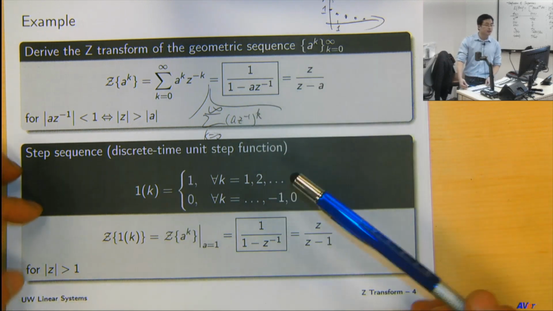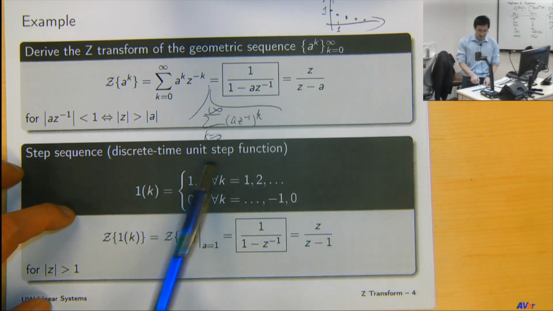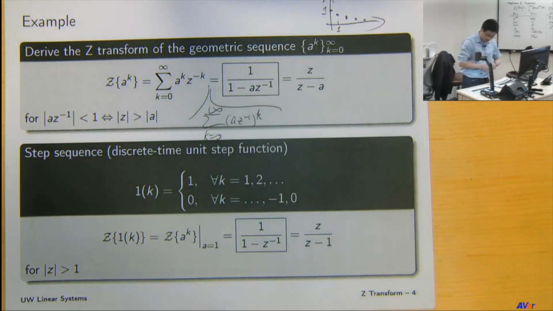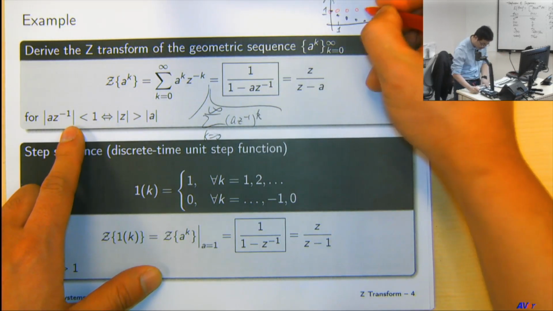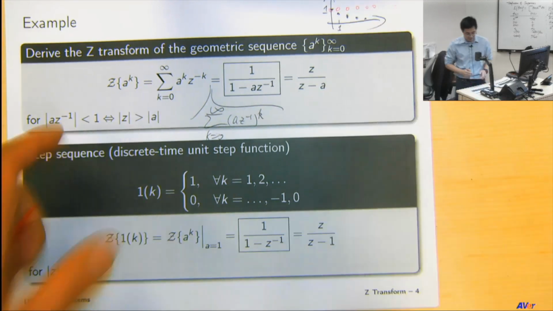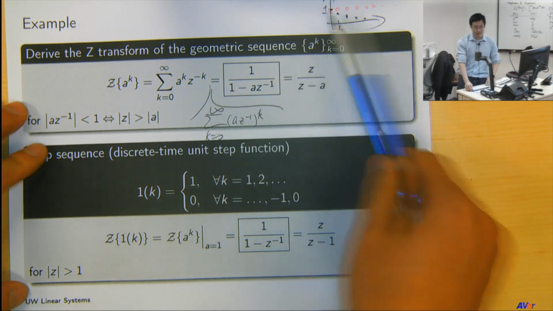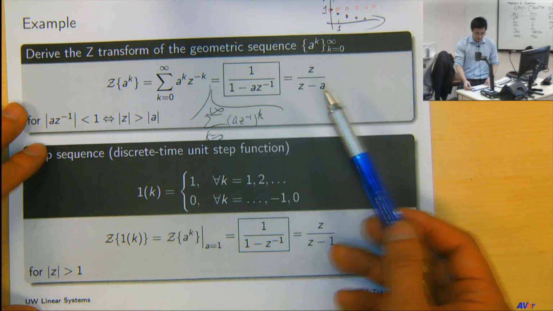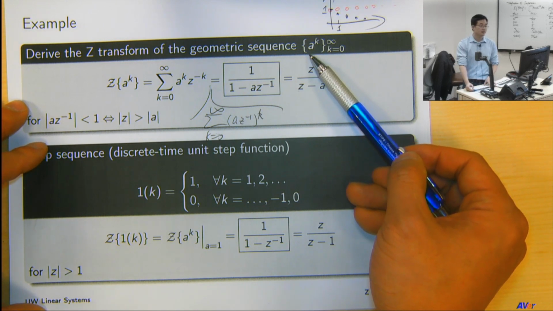From here, we can quickly get the Z-transform of a step function, for example. The unit step in discrete time is like this. It's always constant 1 for all time. So the sequence itself doesn't converge to 0, but it still has a Z-transform. And it's just a special case for a being equal to what? 1, right?